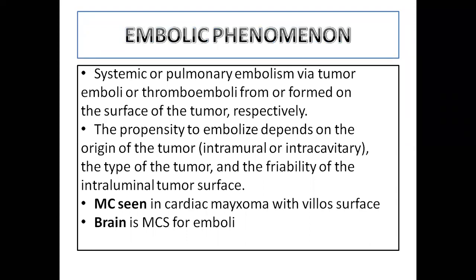The second one is the embolic phenomena, or embolic manifestation: systemic or pulmonary embolism by tumor emboli or thromboemboli formed on the surface of the tumor. The propensity to embolize depends on the origin of the tumor, either intramural or intracavitary, and the friability of the tumor surface, which is most commonly seen in cardiac myxoma, mainly the villous surface.